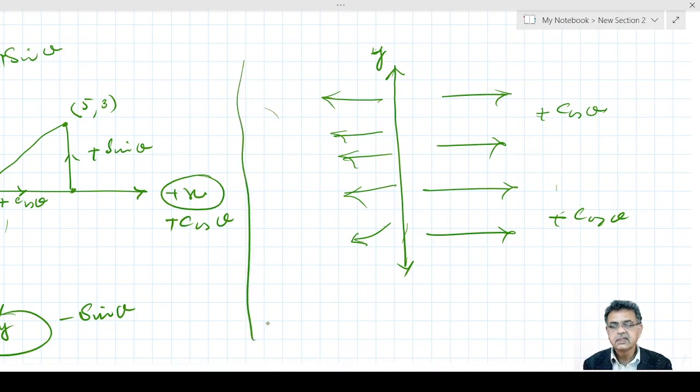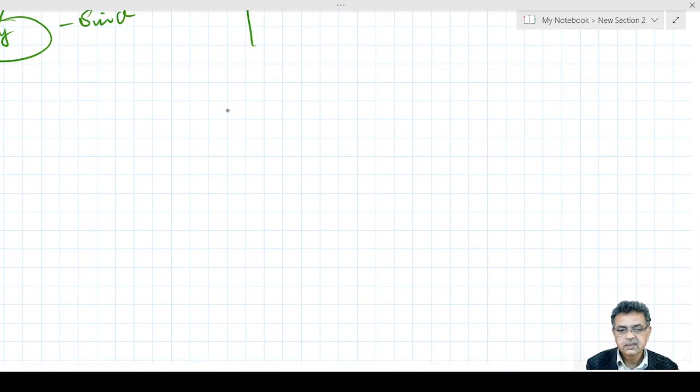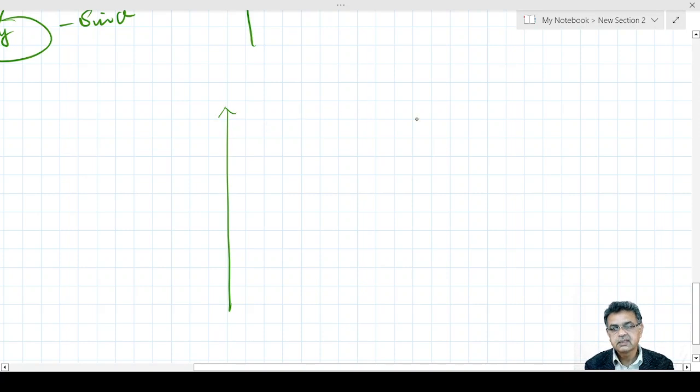And for points anywhere on this side, cos theta will be negative. So now if we consider the detail, this is the y-axis, this is x, cos theta is positive on this side.